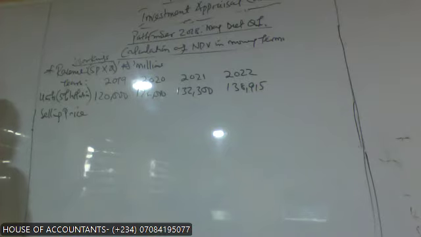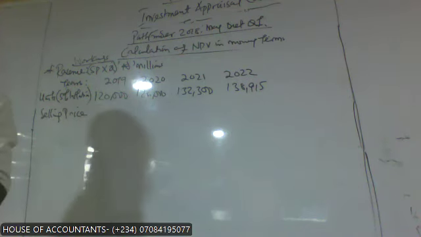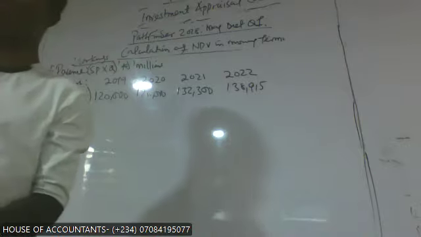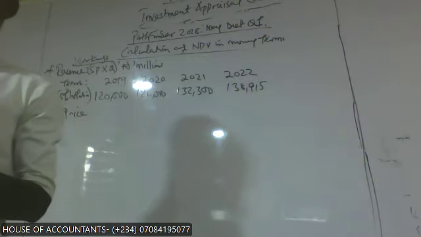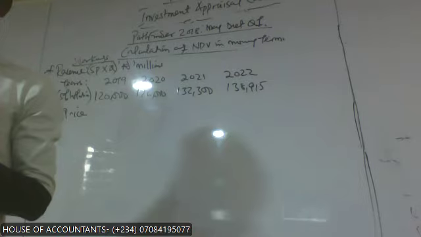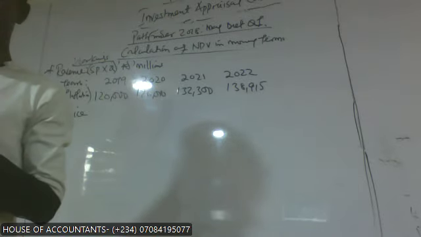Are you getting it now? To determine the variable cost, you need the variable cost per unit multiplied by quantity. Are you getting it now? That is for cost. For revenue, it is selling price multiplied by quantity. Are you getting it now? So both of them are 3%.